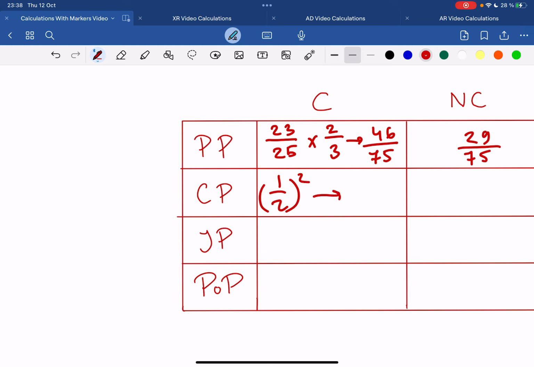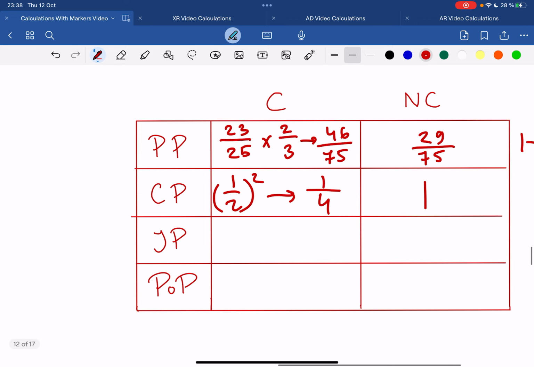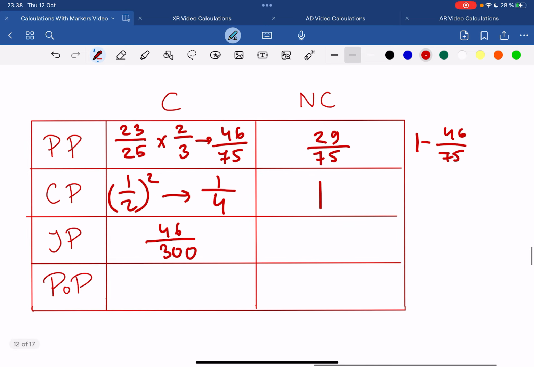So 2, and that is equal to 1/4. Here would be 1. Joint probability together, 46 over 4 times 75 is 300. And here it's 29 over 75, but if we multiply both sides by 4, we will get 116 over 300.